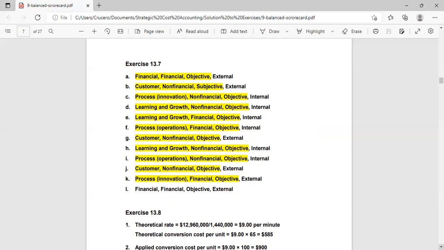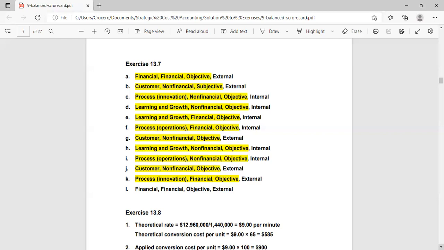So in number 7, we are going to classify these scorecard measures.